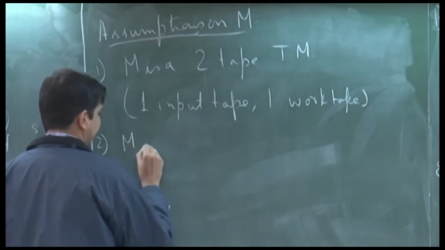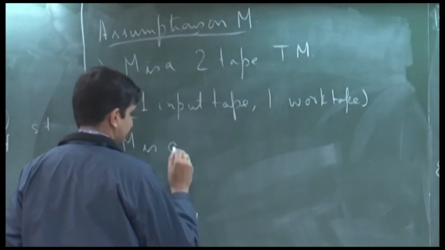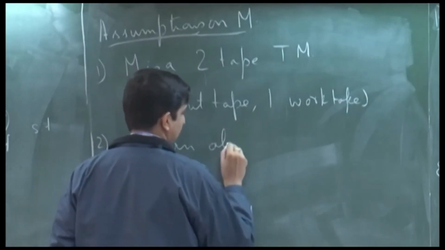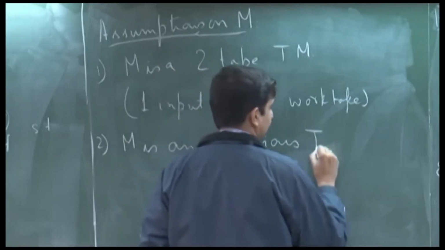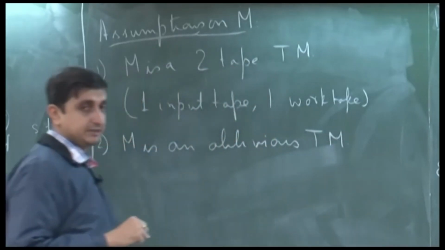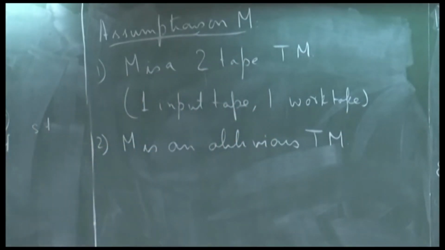we can assume that M is oblivious. So, M is what is known as an oblivious Turing machine. So, what does this mean?